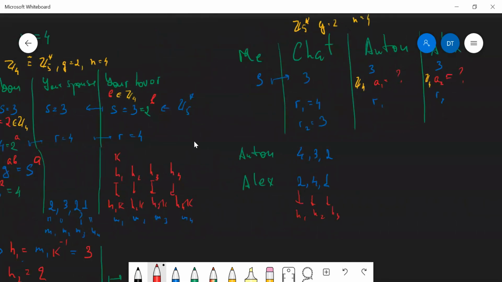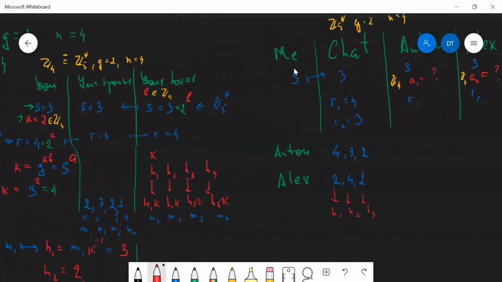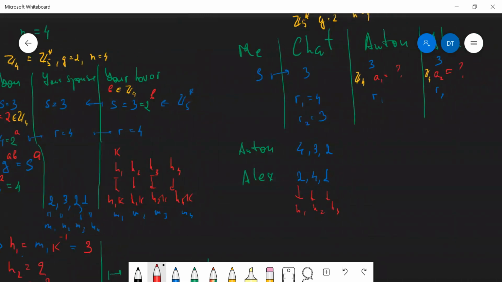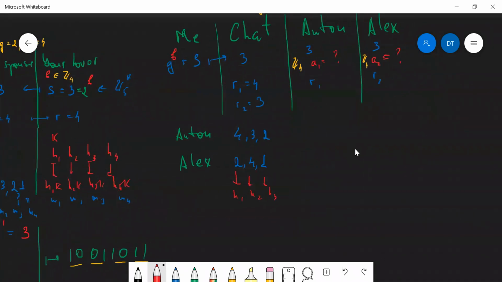Let me remind you: you take my public key and raise it to your power. So this was G to the B, where B was secret. And modulo 5, everything is done modulo 5 here. And don't tell anyone the secret key.